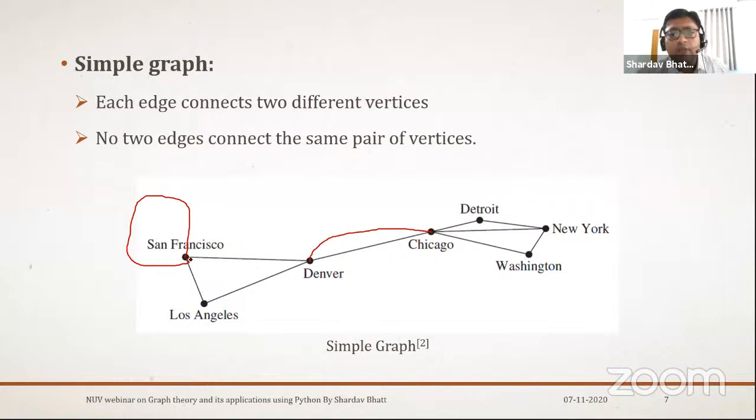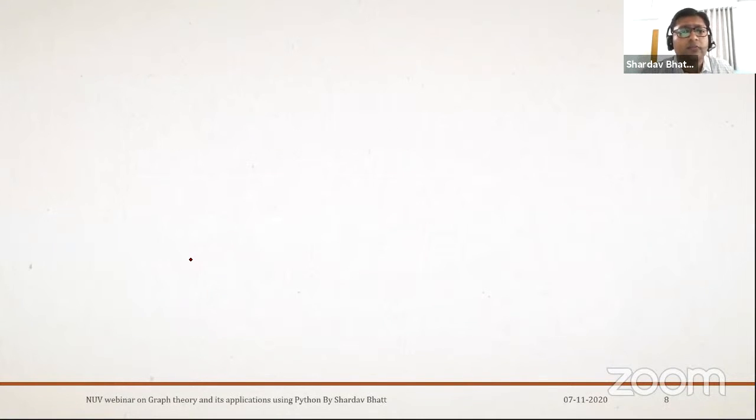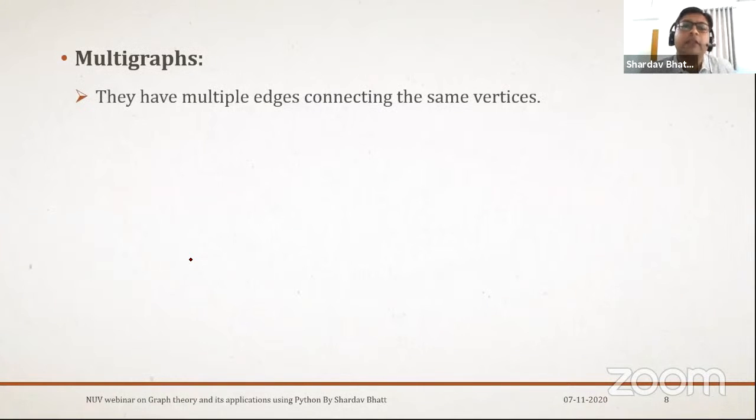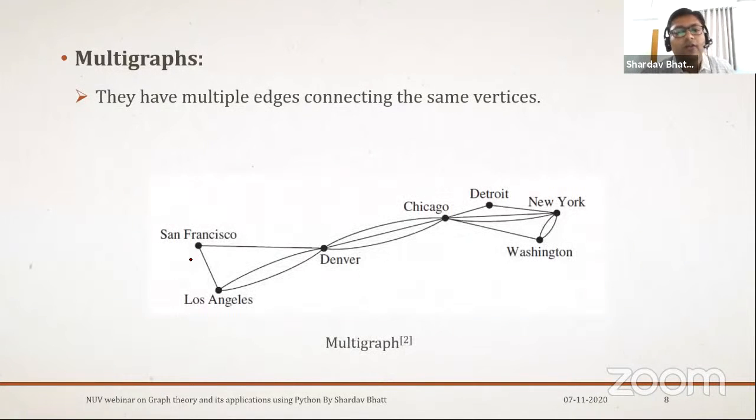If you have such types of connections in your graph, then there is something called a multigraph. Multigraph means there are multiple edges between the same pair of vertices. You can see there are three edges between Denver and Chicago. There are multiple edges between Chicago and New York, and so on. And suppose, as I told you, that there is some edge which starts at Denver and ends at Denver.